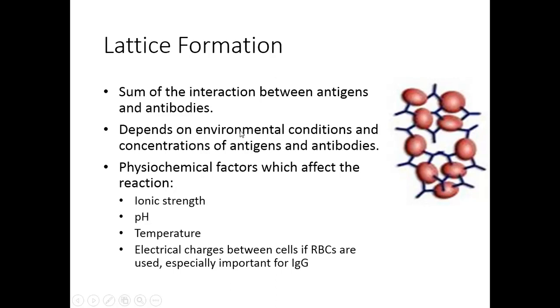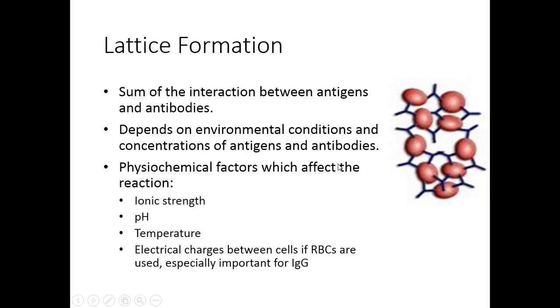There are conditions that we can see, especially in the laboratory, that can influence how well this reaction takes place. And sometimes we have to give it a little bit of help, and sometimes there are things that we can do.